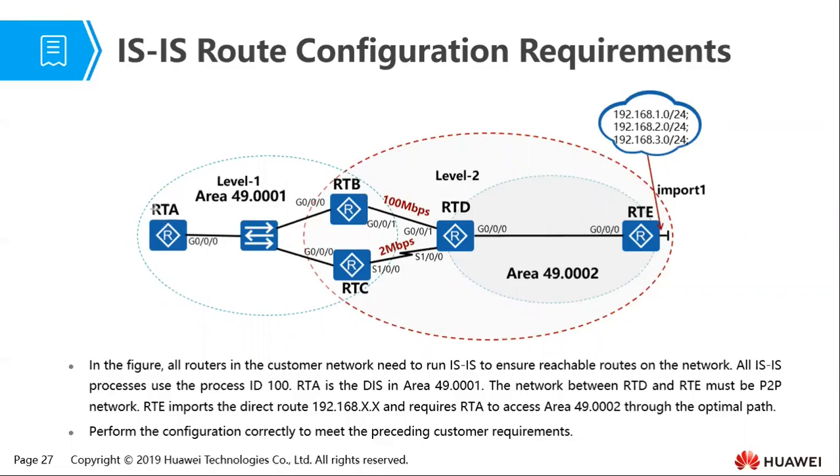So we want to ensure that even though it has 2 options, because we have 2 level 1-2 routers, it's going to use RTB rather than RTC to access this part. Okay, so let's try and see how that can be done.